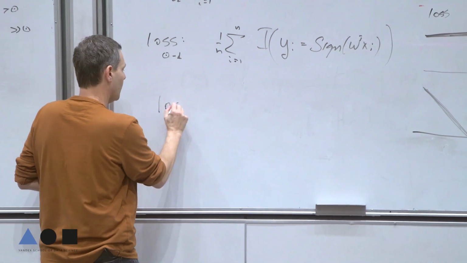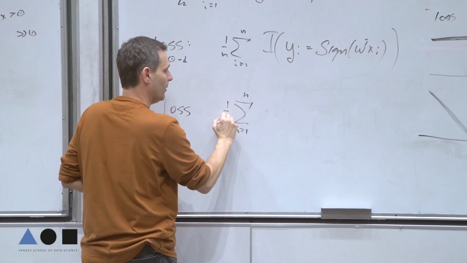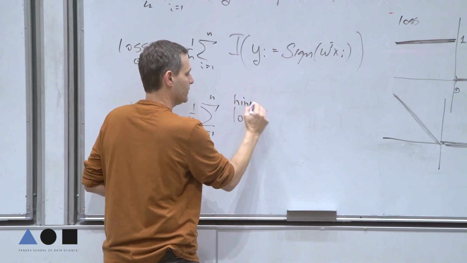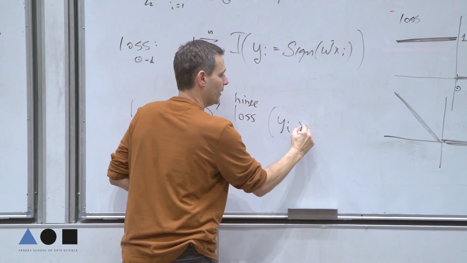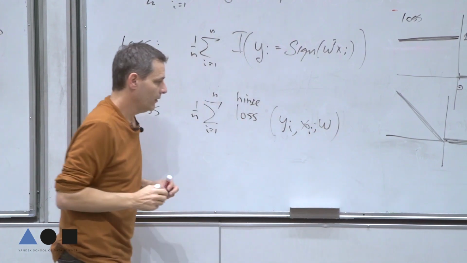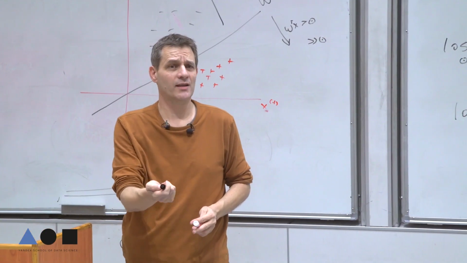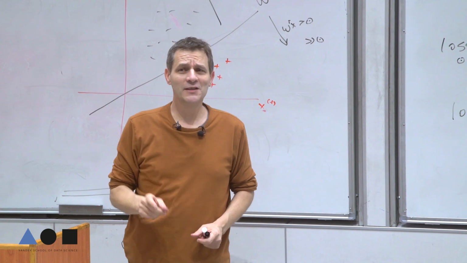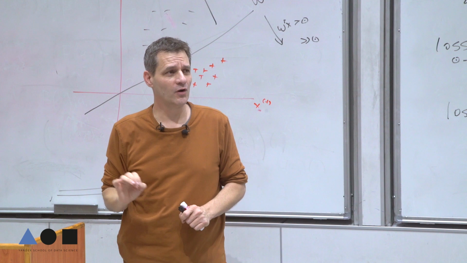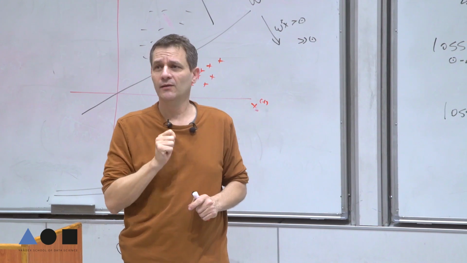The full loss is going to be the sum over all samples of the Hinge loss of yi, xi, and w. But when you do stochastic gradient descent, you sample, let's say you do 1 by 1, not batches. You draw randomly one sample, and then you do a gradient step for that sample, right?